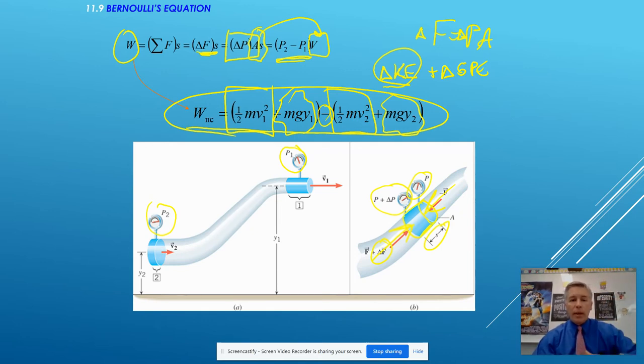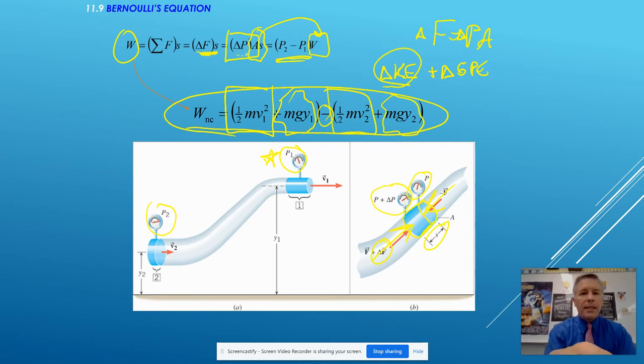So we're going from P2 to P1, and the difference is always final minus initial. We're finishing at P1 where it's lower pressure and starting at P2 where it's higher pressure. It's kind of weird when we do that, so that's why it's 1 minus 2 instead of the other way around.